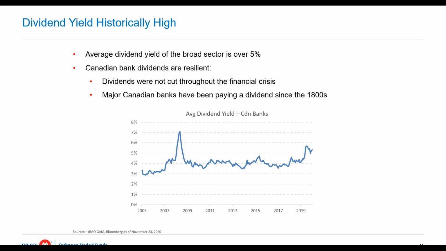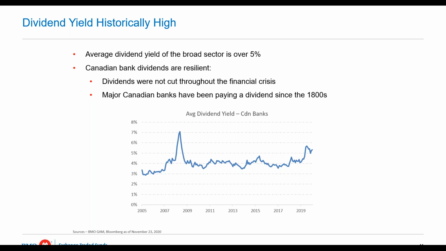And so we think similarly right now, if you can start your investment with a 5% dividend, particularly for income-oriented investors and investors in taxable accounts, the tax effectiveness of that dividend puts you really well ahead. It gives you a really good head start to a total return when you're buying with a 5% dividend.